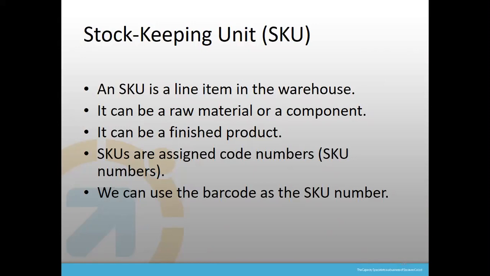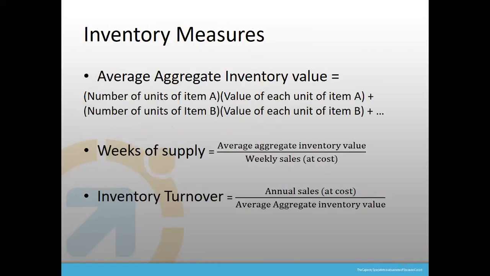And then we want to measure our inventory. Why do we want to measure our inventory? We want to measure our inventory because we need some kind of measurement in order to know whether we are good or not. We want to improve. You probably heard about continuous improvement. How do we know if we are improving if we don't measure?